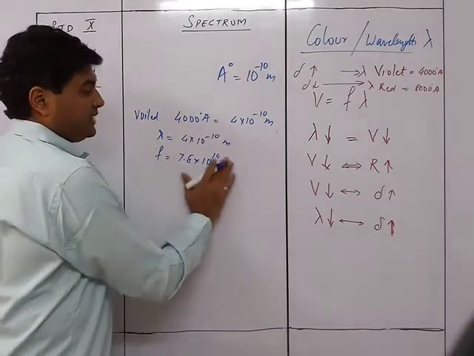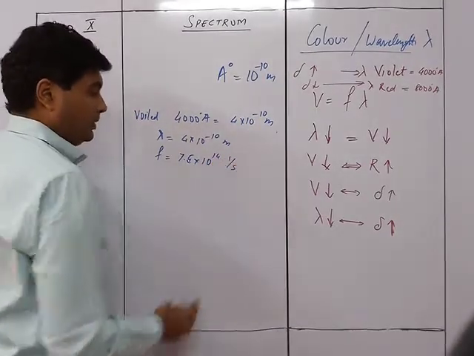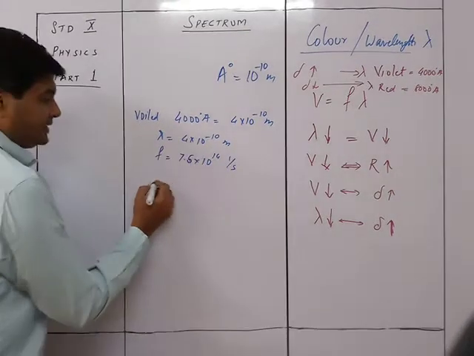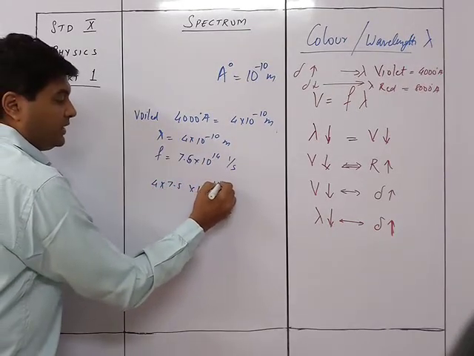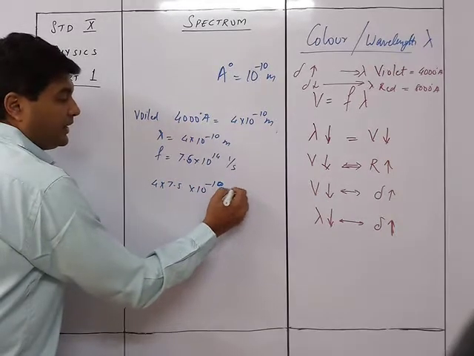So hertz is nothing but 1 upon second, right? So we multiply this: 4 into 7.5 into 10 raised to minus 7 into 10 raised to 14.